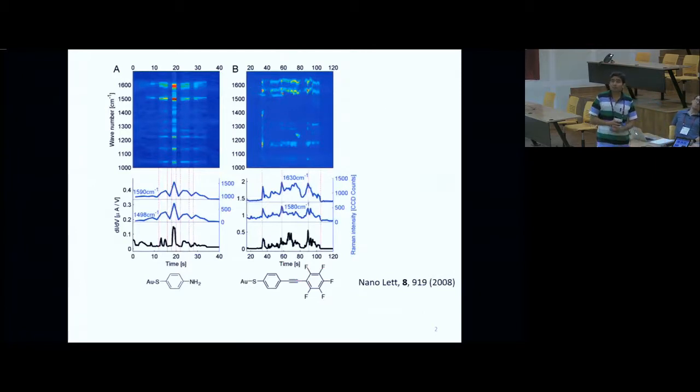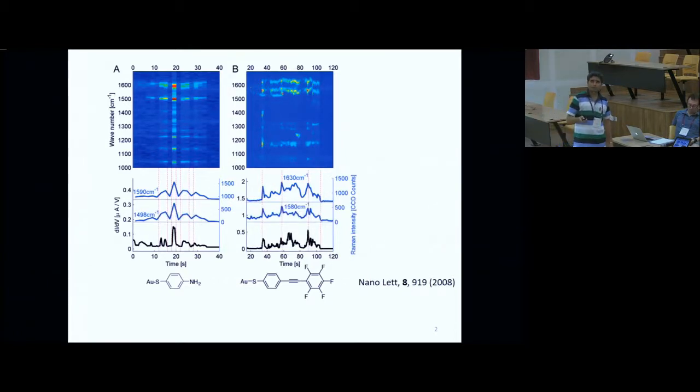There is another way, where these people have done an experiment in which, together with the current, they observe the optical response of the molecule. This is the Raman signal, and this is the molecule sitting in between two gold leads. As this junction is formed as a function of time, they use an electromigration technique to make these single molecular junctions.